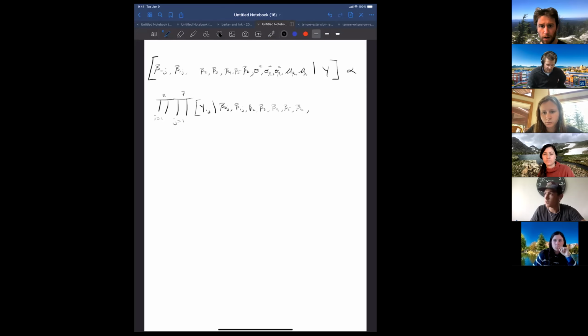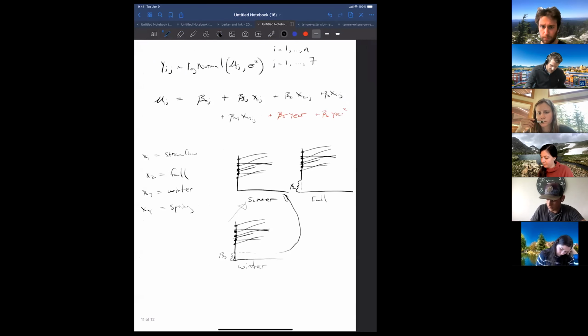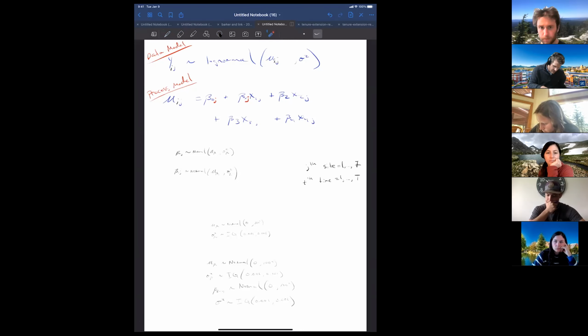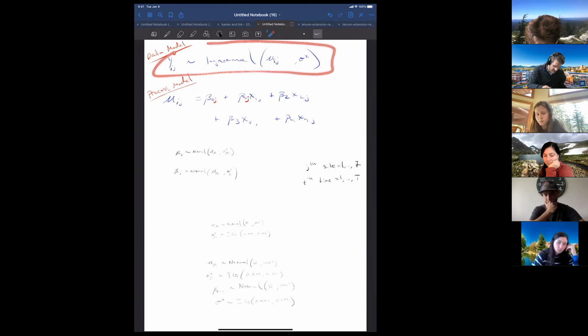Not yet. The mus don't come in yet. Sigma squared. Sigma squared, yep. So when we're looking at this, we know we need the sigma squared in there because that affects y.